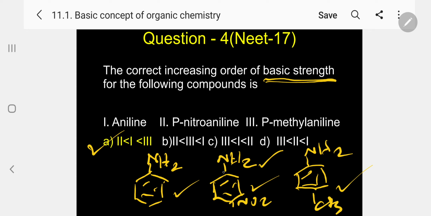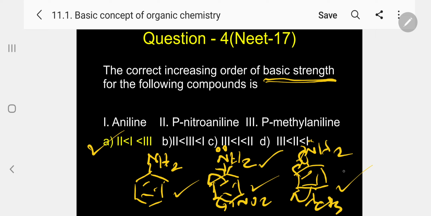How? Kindly follow. In NO2, because the NO2 group attracts towards the ring, the lone pair on the nitrogen atom goes to the benzene ring and then to the NO2. Whereas here it is an electron releasing group, so the movement is in the opposite direction, towards nitrogen, so electron density will be higher on nitrogen.